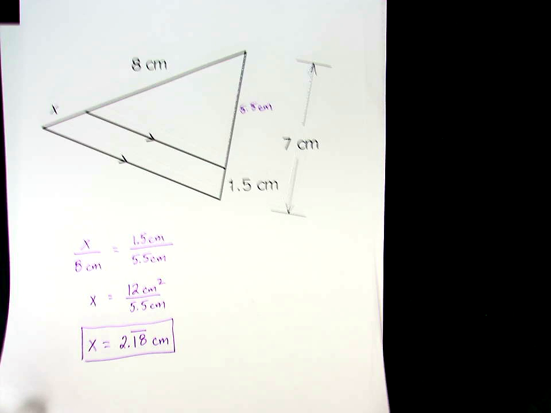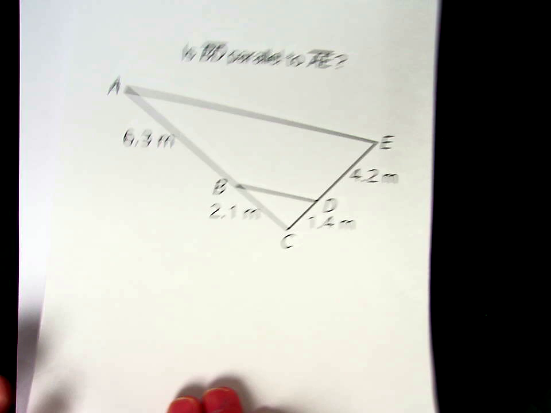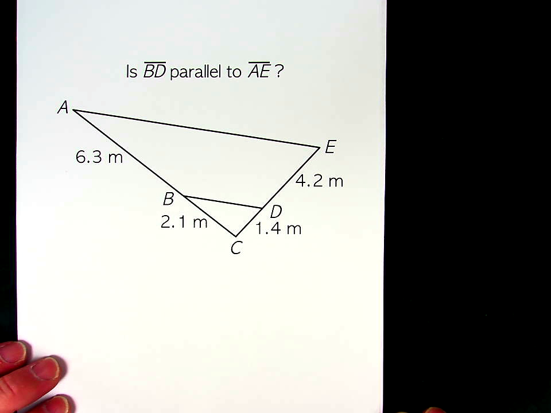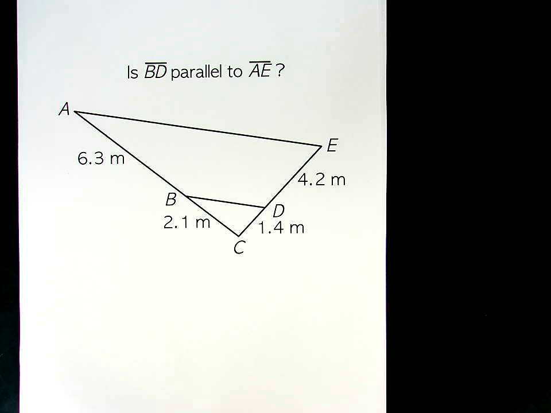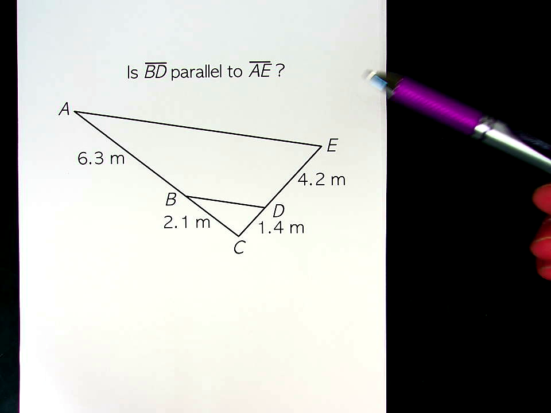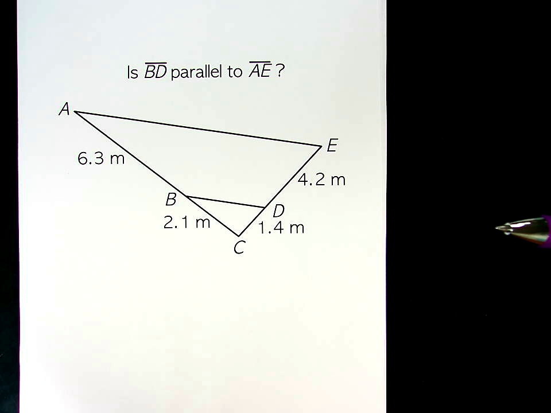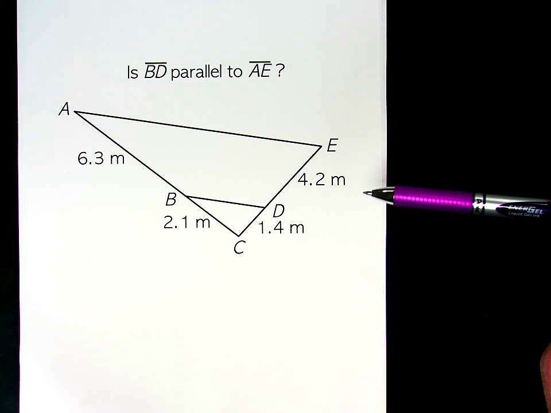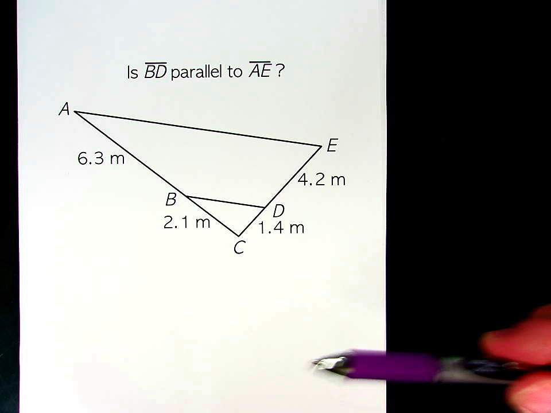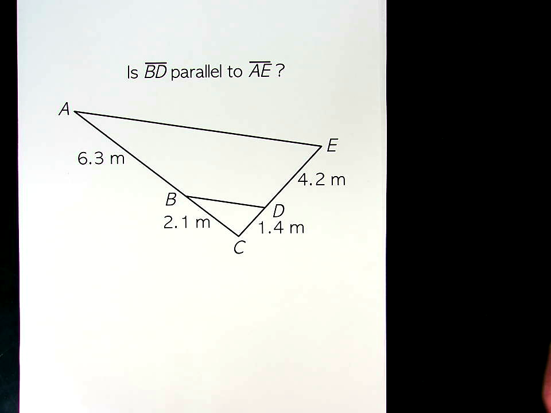Now, we also had the converse of that theorem. And so our question here is, is segment BD parallel to segment AE? The triangle proportionality theorem says if they're parallel, the two sides that are intersected by the parallel segment divide into proportional lengths.